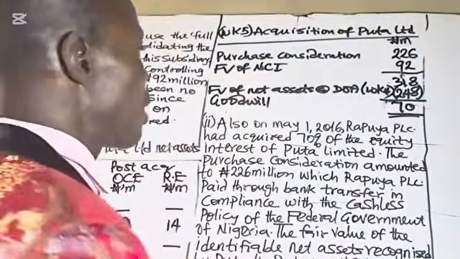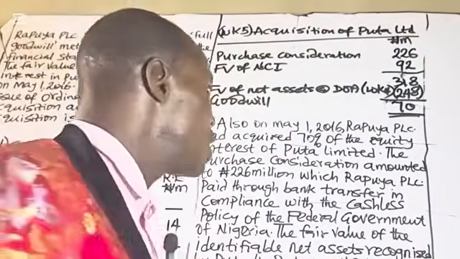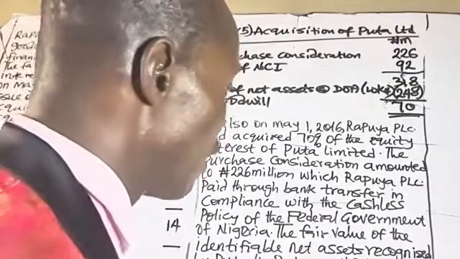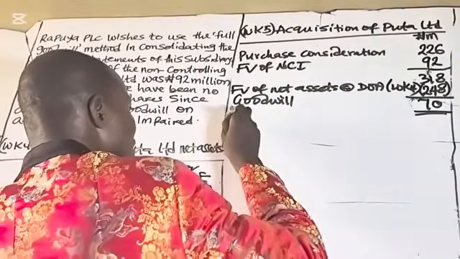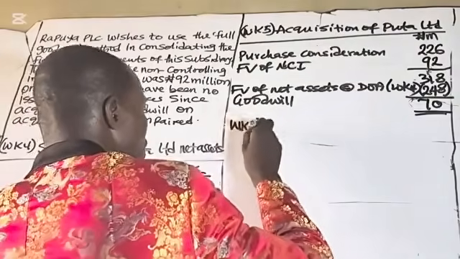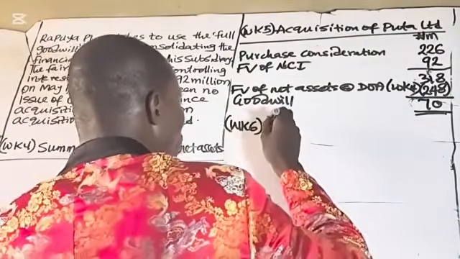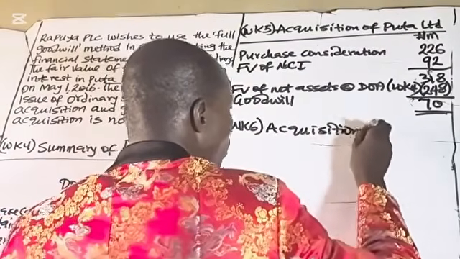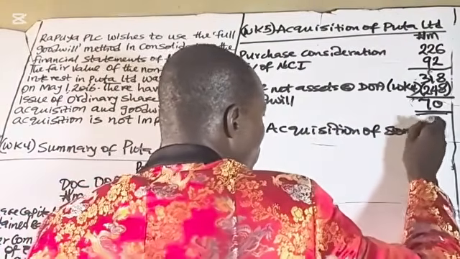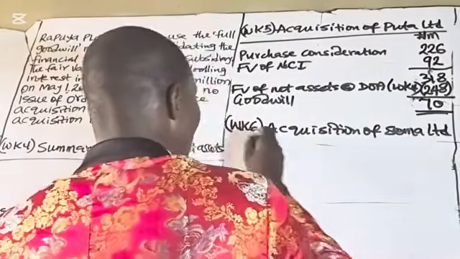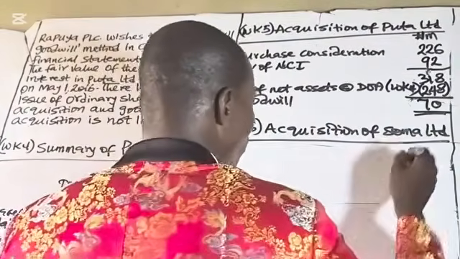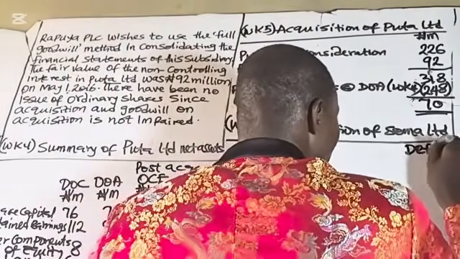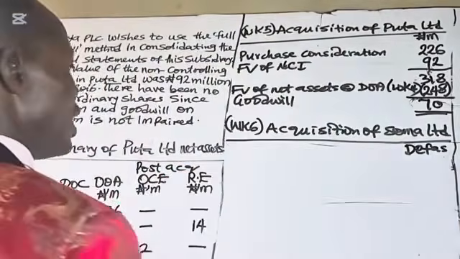So we equally want to calculate goodwill on acquisition of Soma Limited. Remember, Soma Limited is a foreign subsidiary. Working number 6: acquisition of Soma Limited. If you go by the steps I've given to you, you will calculate the goodwill in foreign currency, and the foreign currency is DEFAS.